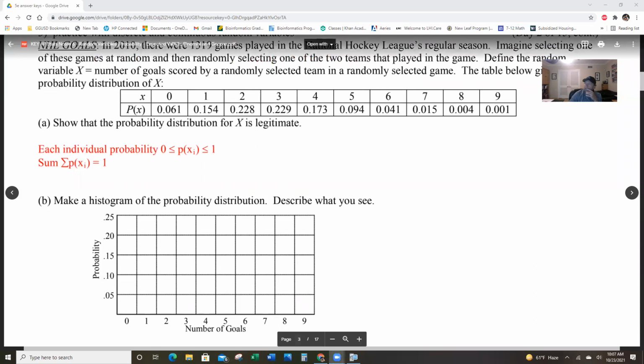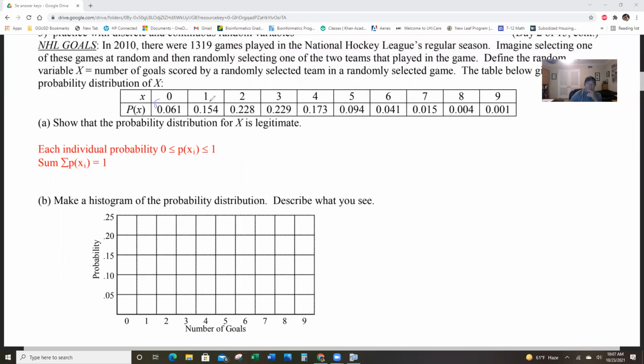So the mean of this particular problem is going to be, watch my arrows, 0 times 0.0061 plus 1 times 0.154 plus 2 times 0.228 plus 3 times 0.229 plus 4 times 0.173 plus 5 times 0.094 plus 6 times 0.041 plus 7 times 0.015 plus 8 times 0.004 plus 9 times 0.001.